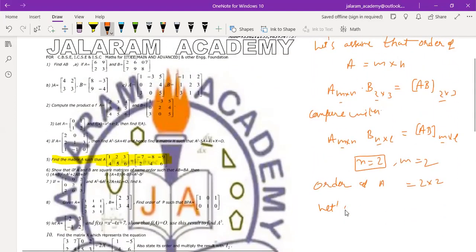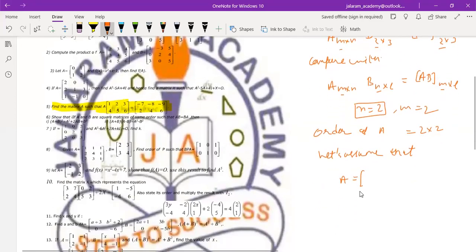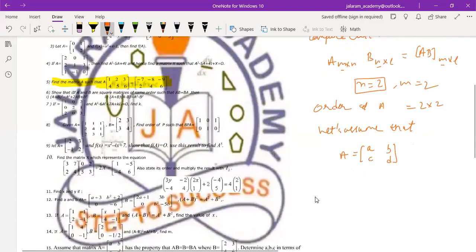So then let's assume that the matrix A equals the four elements a, b, and the second row c, d. So a, b, c, d.